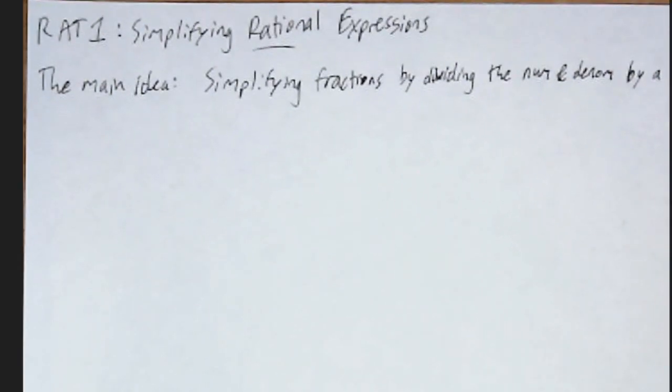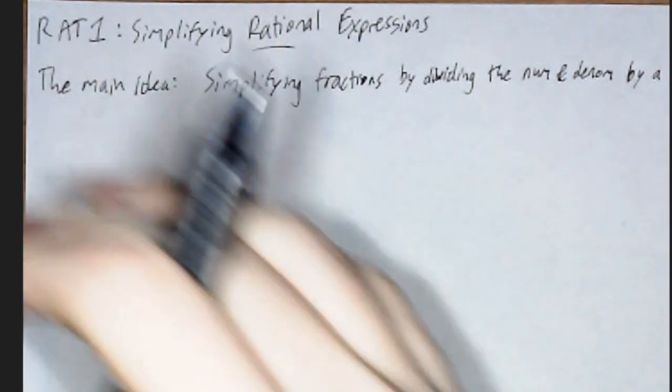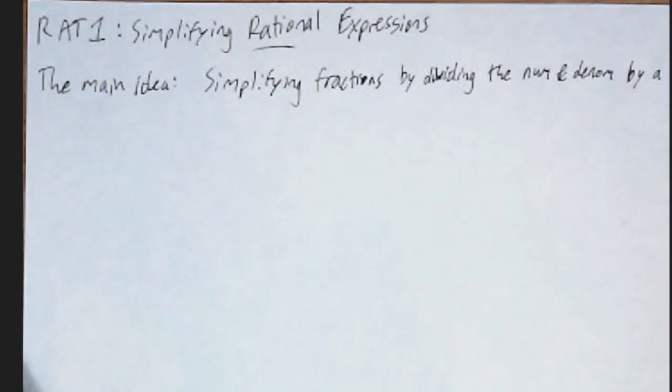So we're simplifying fractions. That's the main idea. We're simplifying fractions by dividing both the top and the bottom by some greatest common factor that they share.